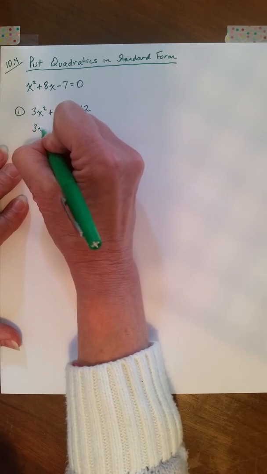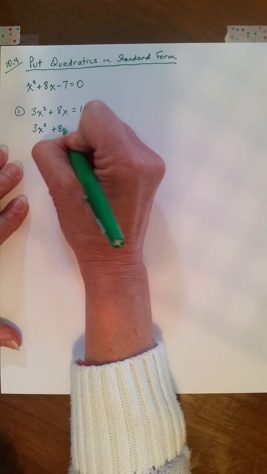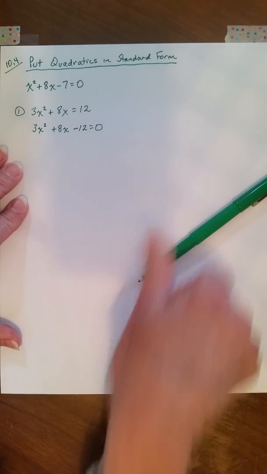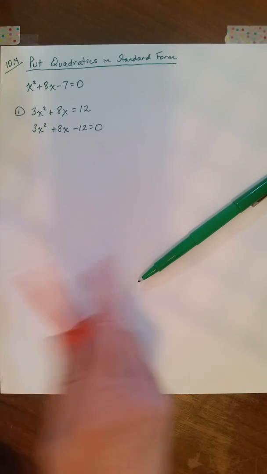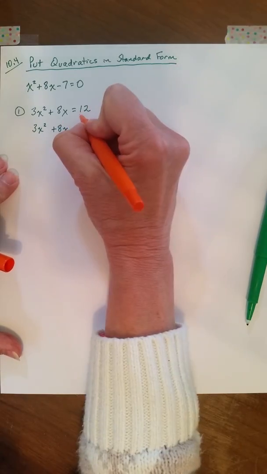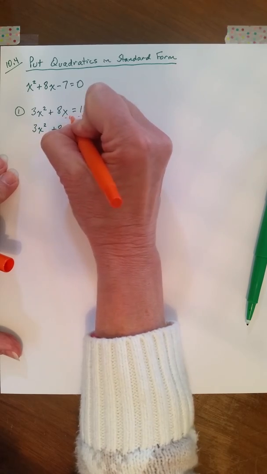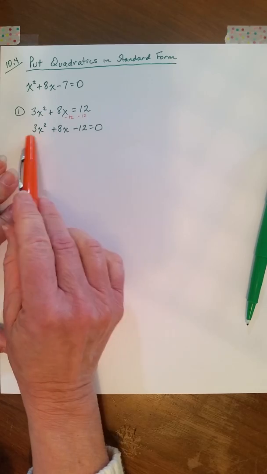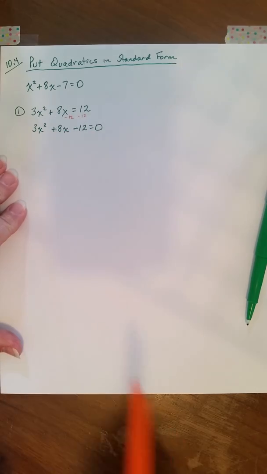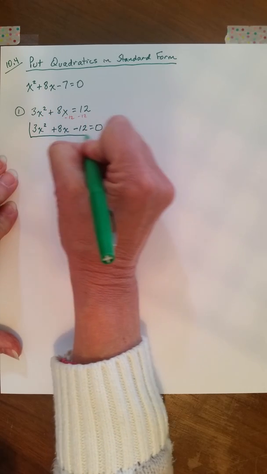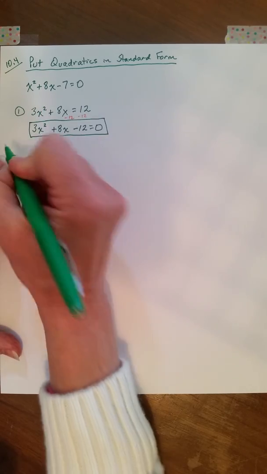So I have 3x squared plus 8x minus 12 equals 0. The 12 cannot be combined with any other term because it's not a like term with any of the others. So this would be my answer in standard form.